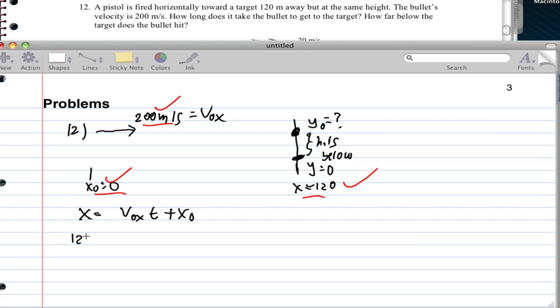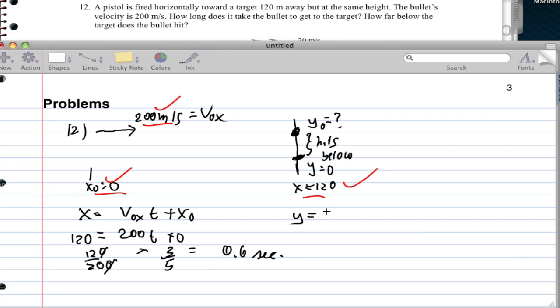Okay, so I have 120 equals 200t plus 0, so I'm going to end up getting 120 divided by 200, so that cancels. Let's see, 3 times 4 is 12, 5 times 4 is 20, so 0.6 seconds. And now I can figure out how far it falls.